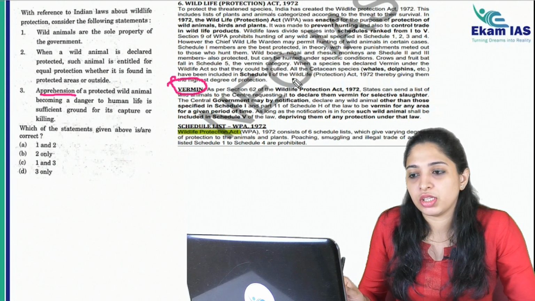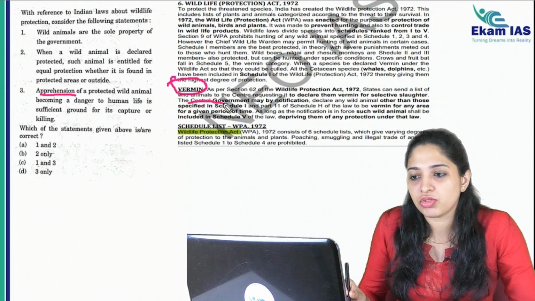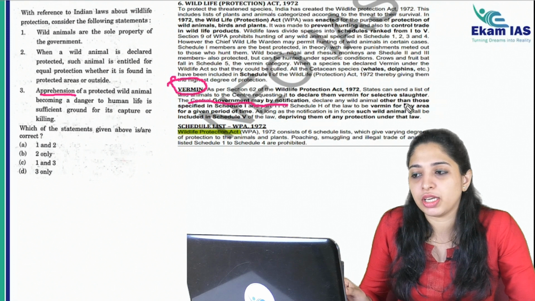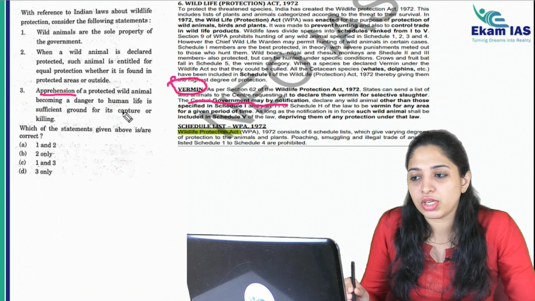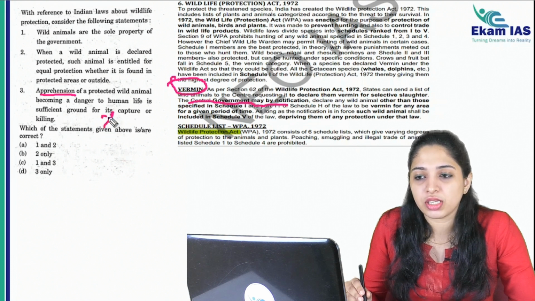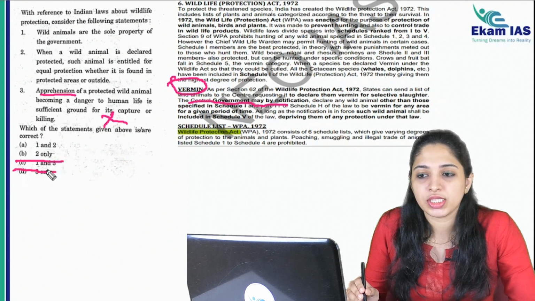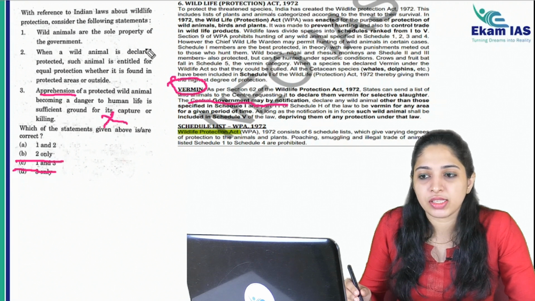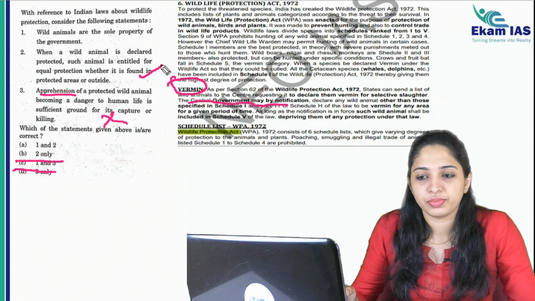It should be proposed by the central government, which may by notification declare any wild animal as vermin other than those specified in Schedule 1 or part of Schedule 2. So the third statement is wrong. If the third statement is wrong, then option C is eliminated and option D is eliminated. From options A and B, obviously the second statement is true.